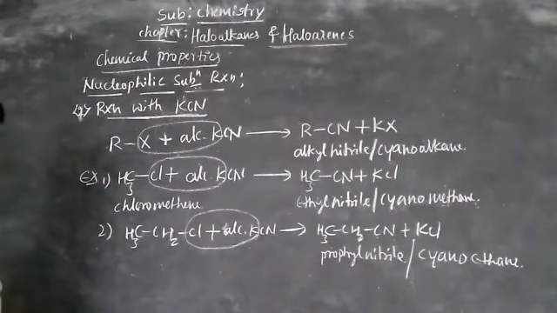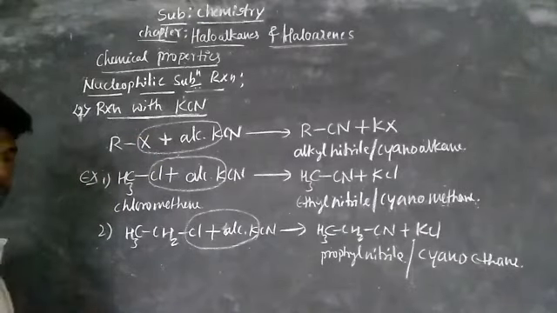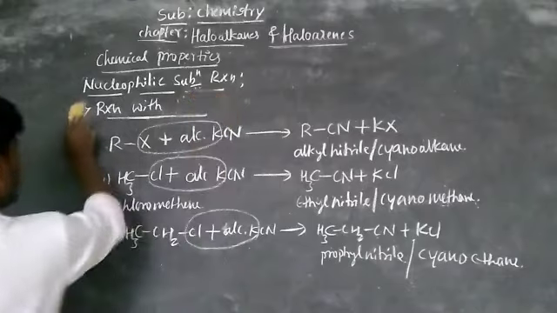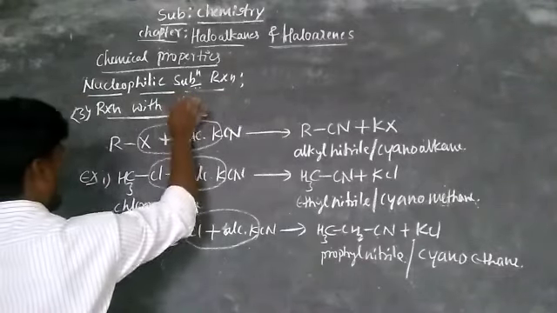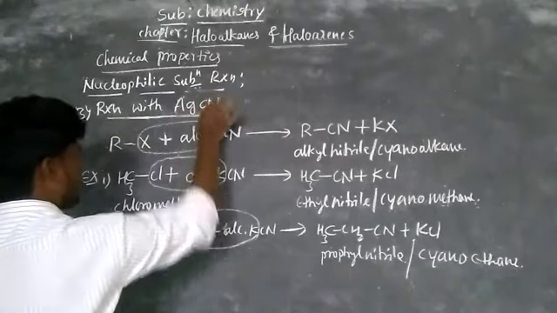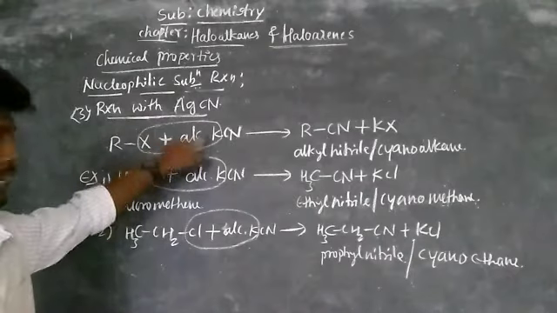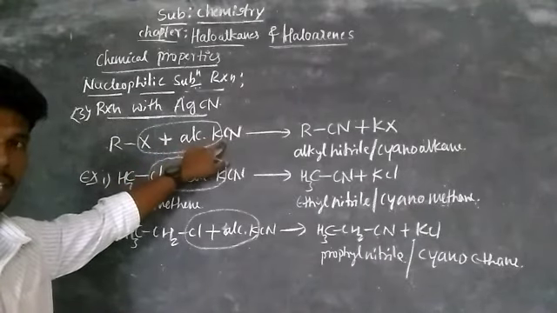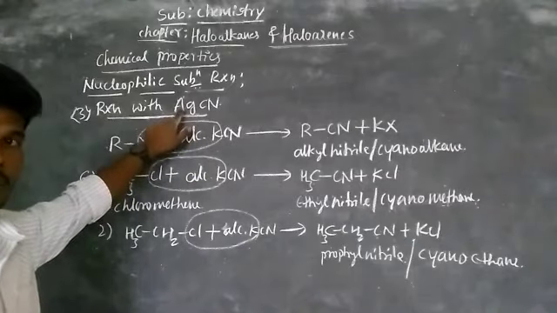Similarly, the third chemical property is reaction with silver cyanide. The third chemical property is reaction with silver cyanide, that is AgCN. So observe here, in this case, in place of potassium cyanide, in place of potassium we are taking silver.